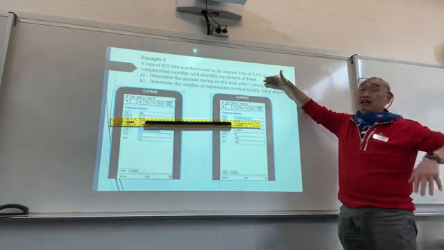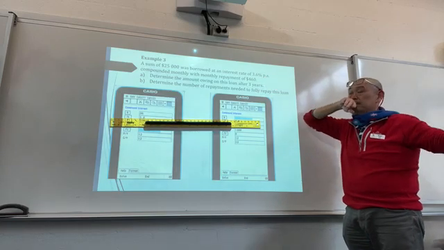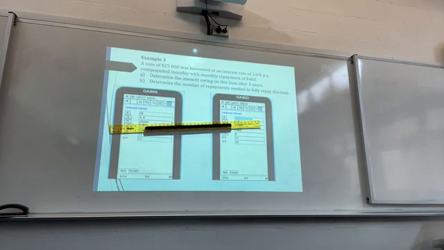You are given the monthly repayment, 460. You know P and T is 460. And you know it is compounded monthly. 3.6 is given, and then 35,000 is borrowed.